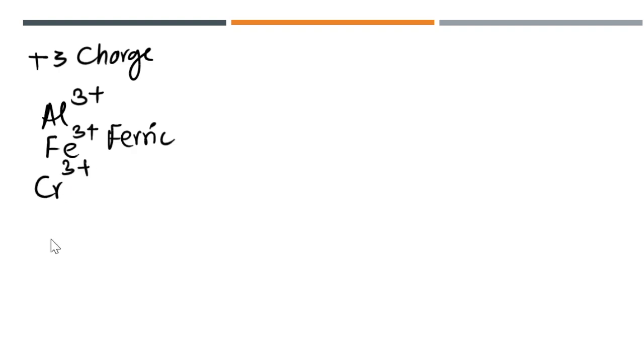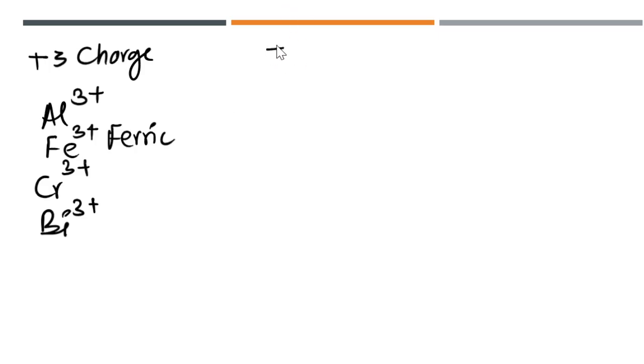We have aluminium, Al3 positive. Now ferric, Fe3 positive. So Fe3 positive is ferric. Okay. Chromium, Cr3 positive. Bismuth, Bi3 positive. Okay.